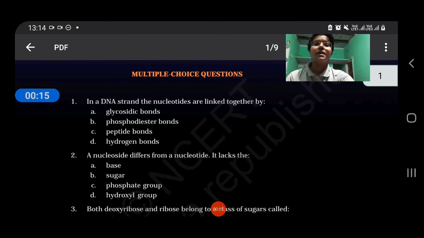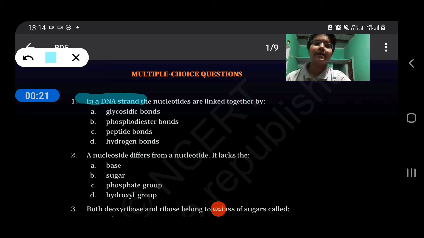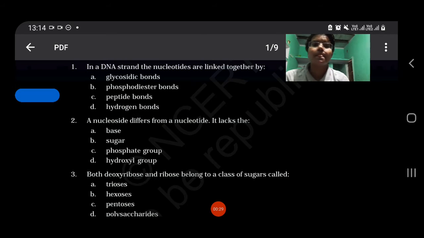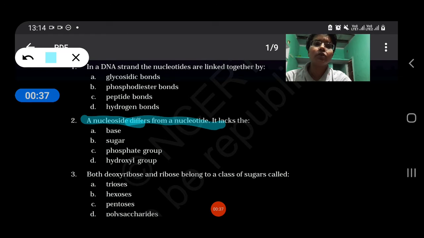In a DNA strand, the nucleotides are linked together by phosphodiester bonds. Okay. A nucleoside differs from a nucleotide as it lacks the phosphate group.